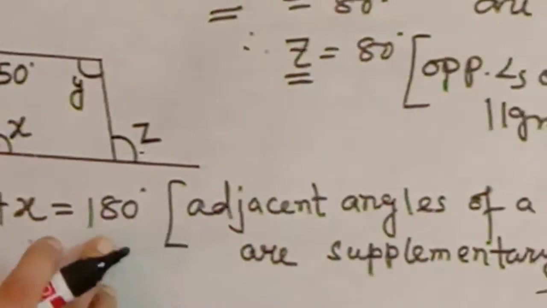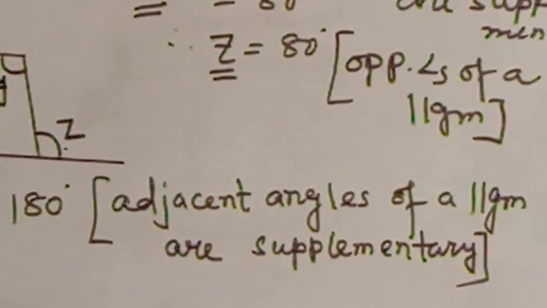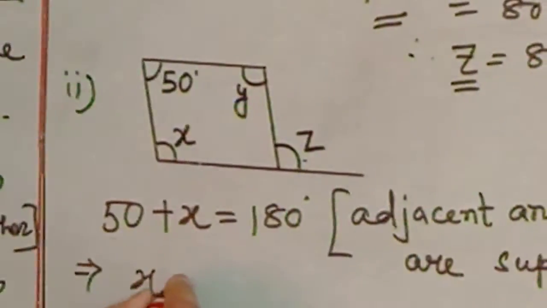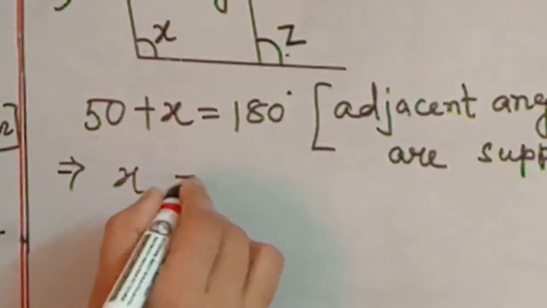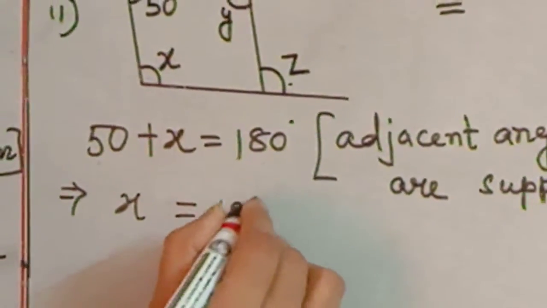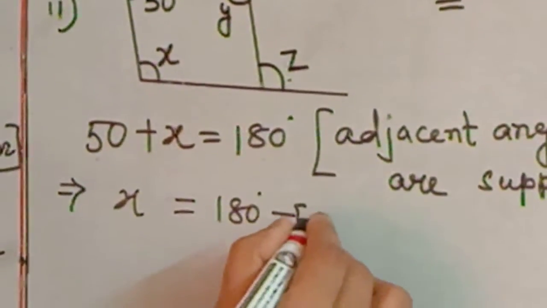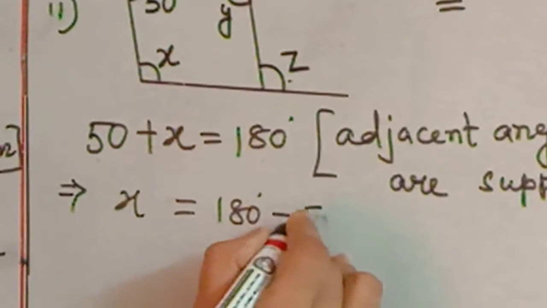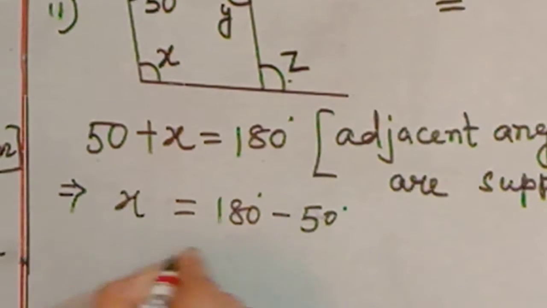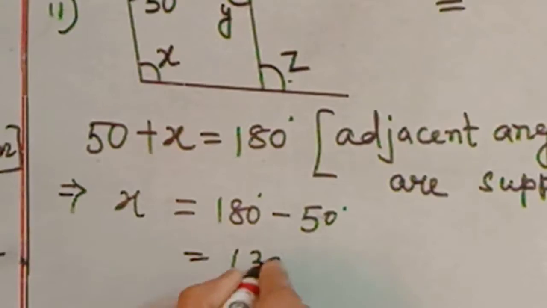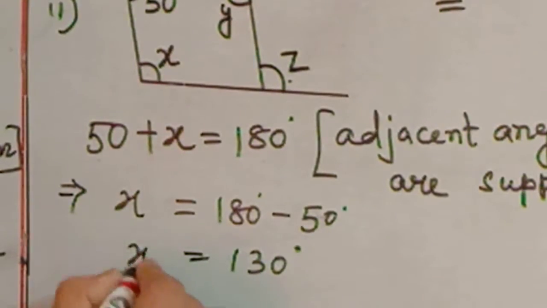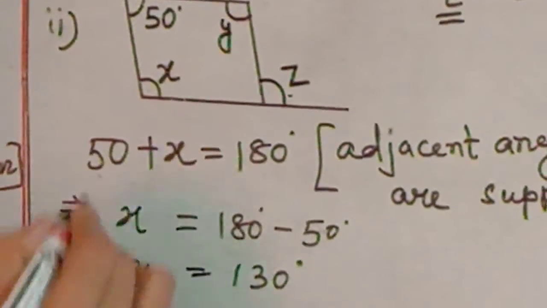Reason you have written here already. Therefore, to find x, what will you do? 180 minus 50, that is 130 degrees. So you can find that angle x is equal to 130 degrees.